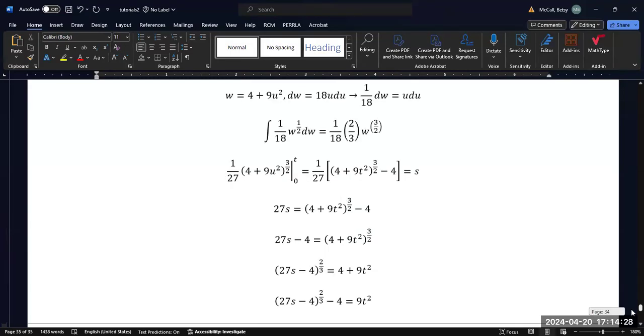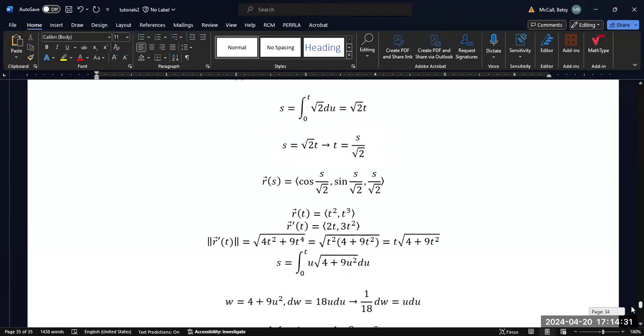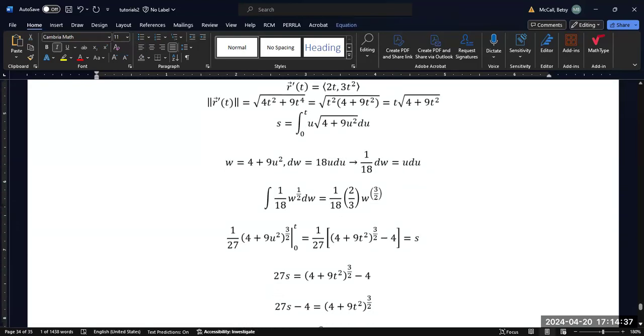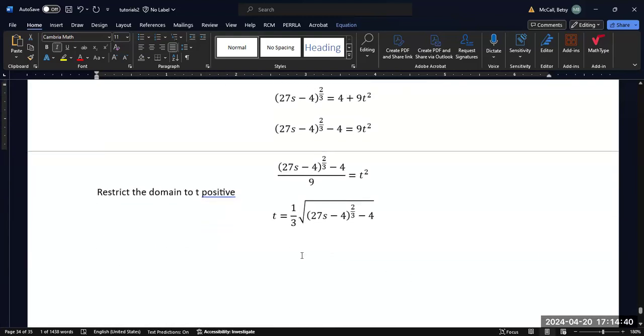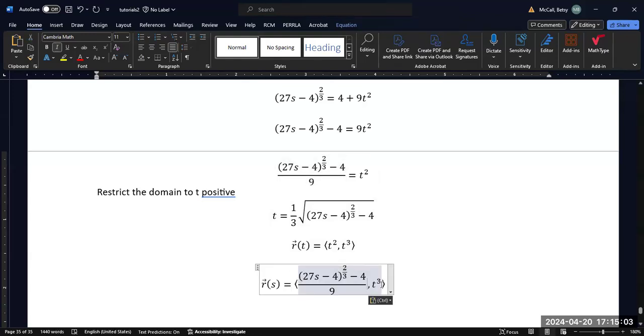And then I can go back to my original equation, which was up here. And now if I want to turn this into r of s, then in the first component, I'm going to take this whole thing and square it, which is going to make this crazy expression. But in this component, I'm going to need to take this and cube it.